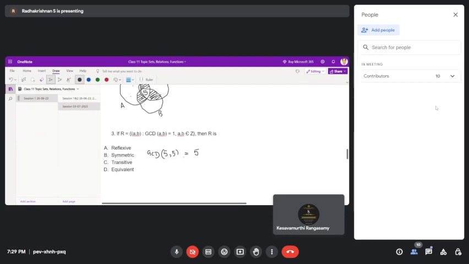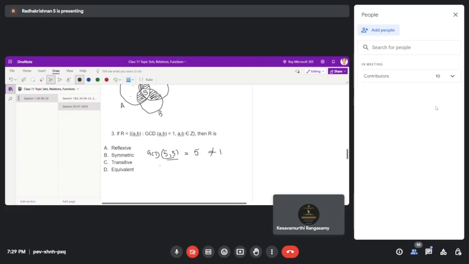It is 5, because if 5 and 5 are there, we divide. So 5 is a common divisor of both these numbers. So this is not equal to 1, and 5 and 5 doesn't belong to the relation R. What does it prove? Is it reflexive or not?